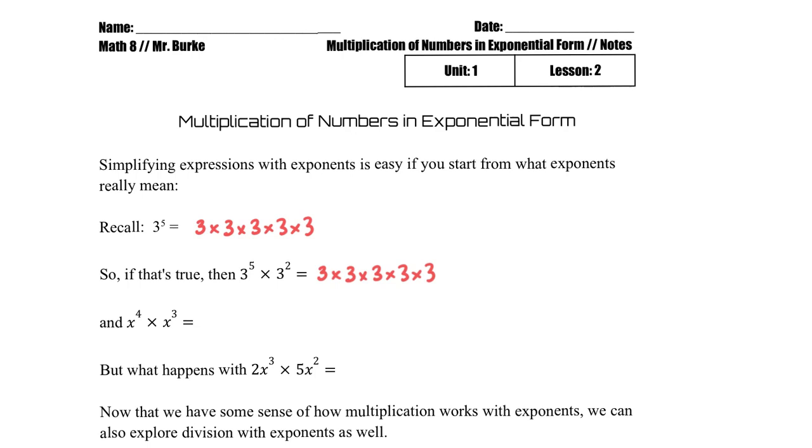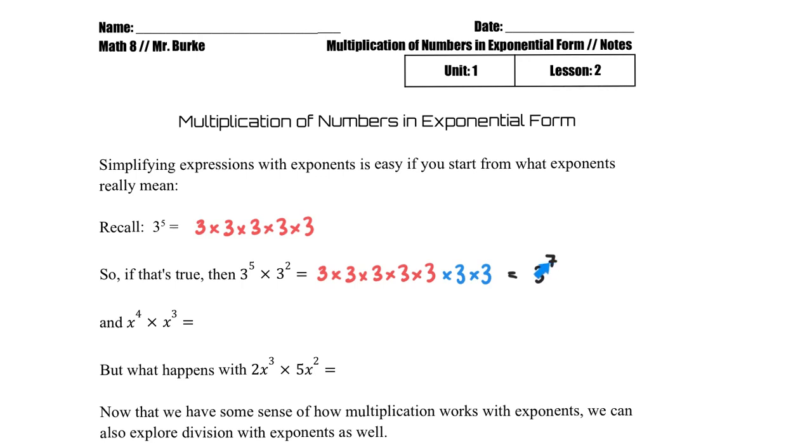And then on the back end of this, we're going to multiply this by 3 squared, which is going to be times 3 times 3. So the red part is 3 to the 5th. The blue part is 3 squared. So what did that come out to be? Well, if you just simplify that, that's really the base of 3 multiplied by itself 7 times.